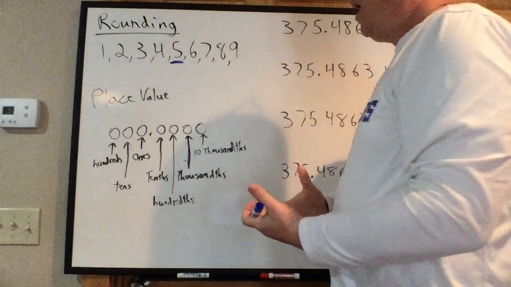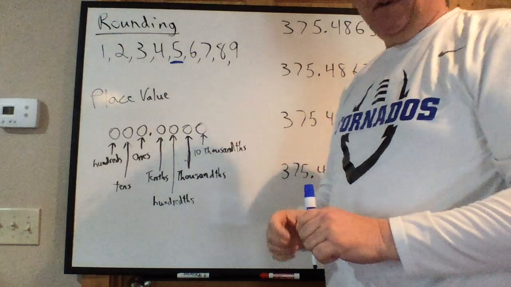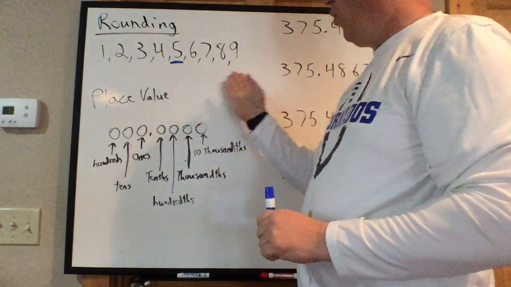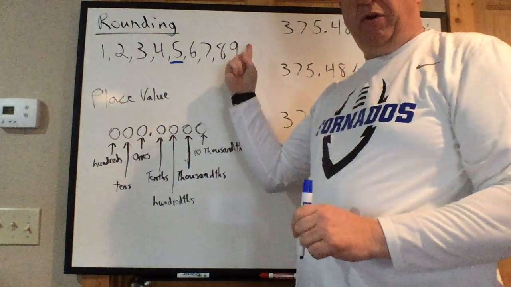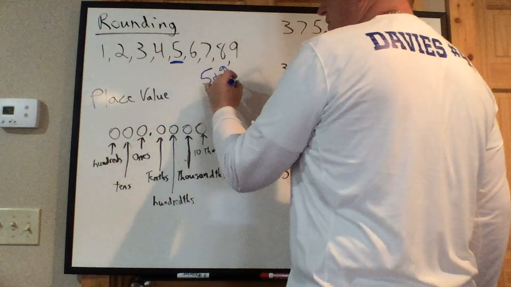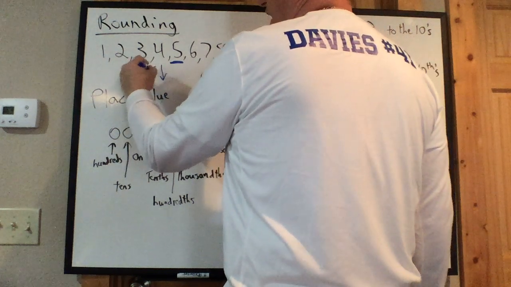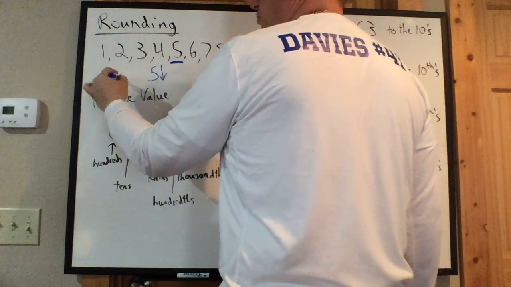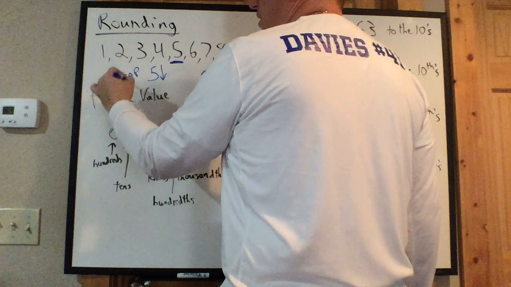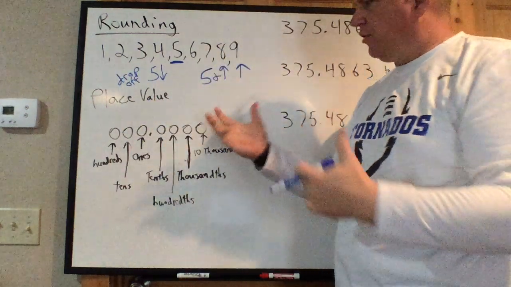So if the number you're looking at is 5 or above, you round up. If it's below 5, you drop it off, or round down, whichever way you want to look at that.